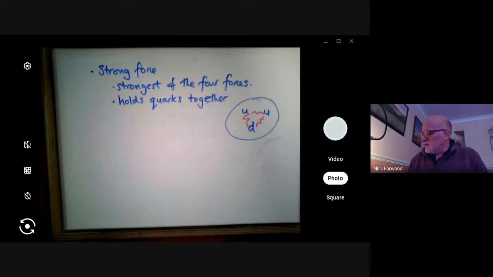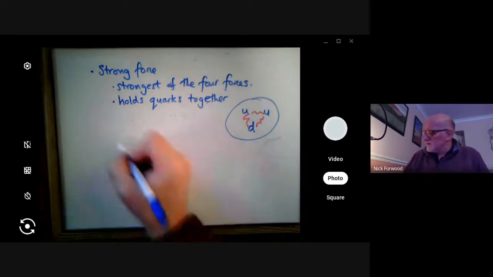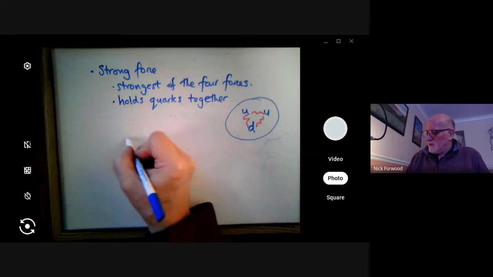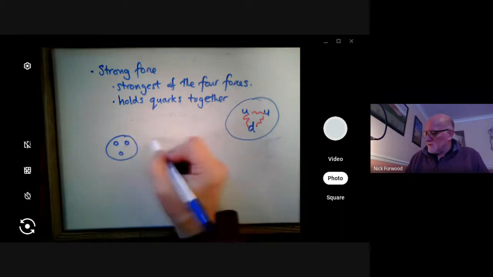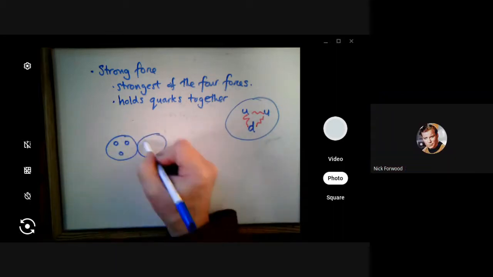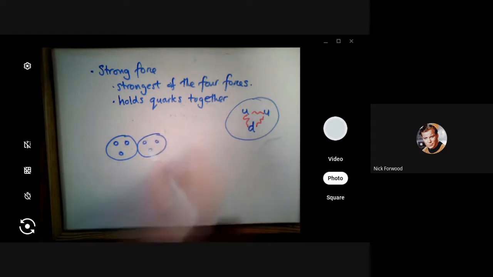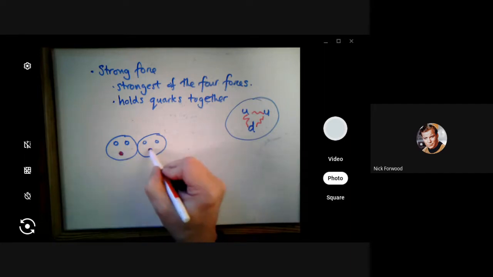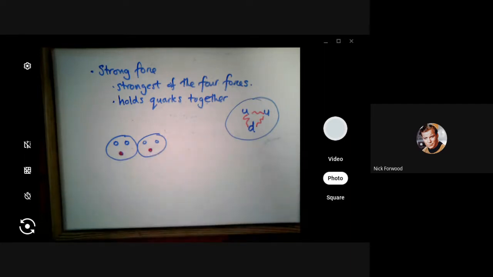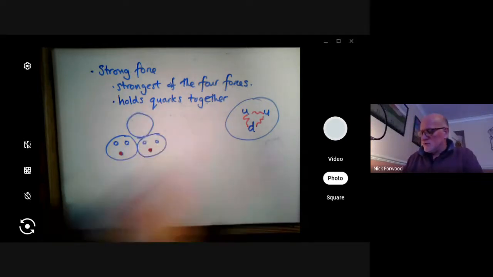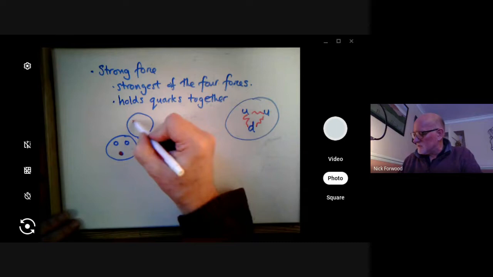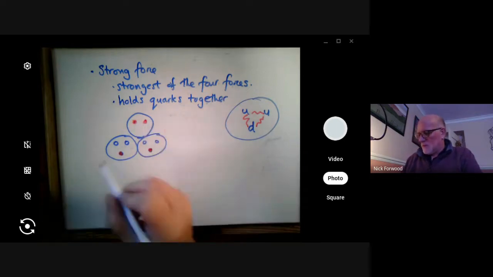Now, not only does it hold the quarks together inside a proton, so I've got up, up, down, and I can have another proton, up, up, down. I will put the downs as red things, and I've got two neutrons, for instance. A neutron is a down and a down and an up.